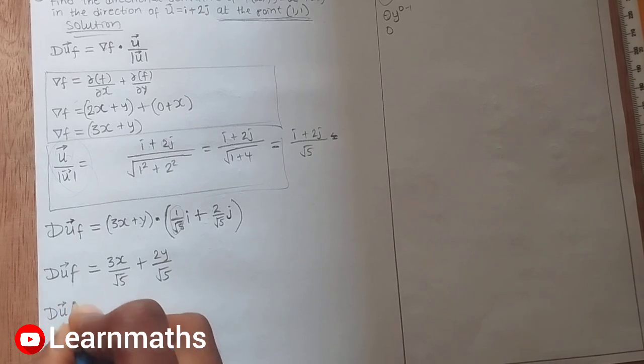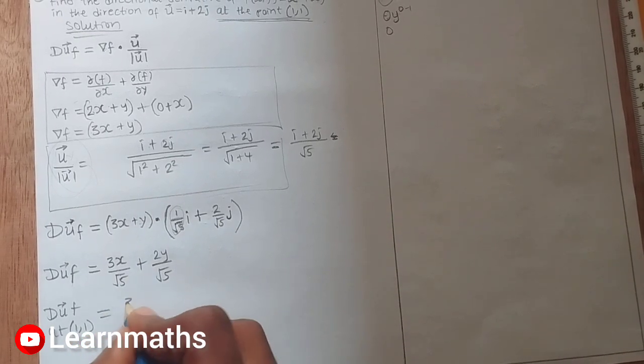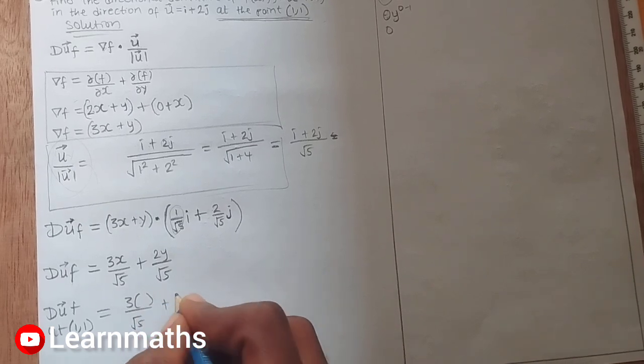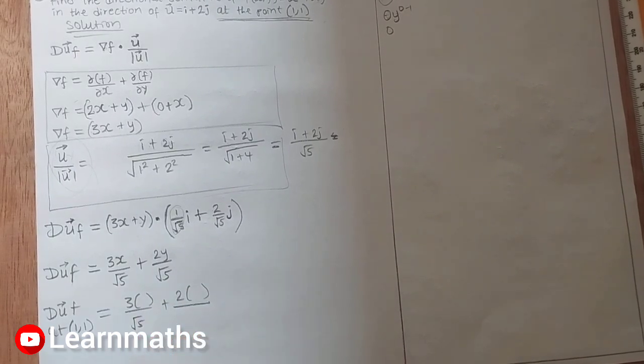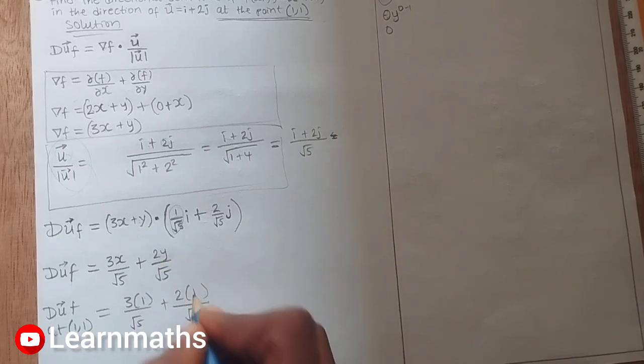The directional derivative at this point is going to be 3 over square root of 5 plus 2 over the square root of 5. Now this is x, so I'm going to substitute x as 1 and y as 1 as well.